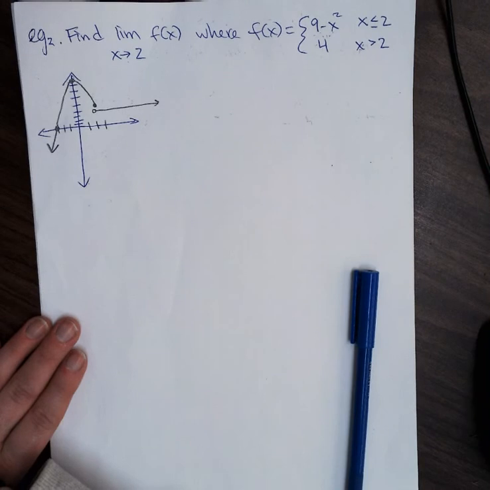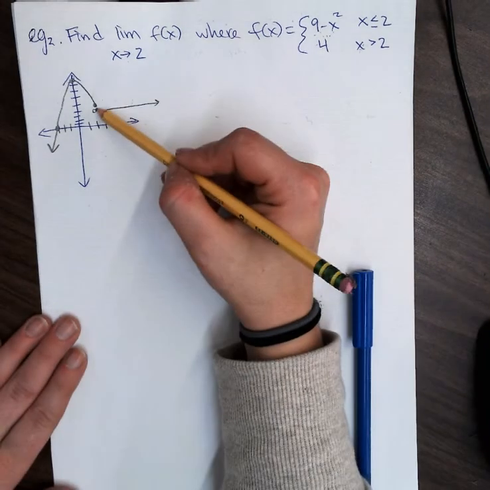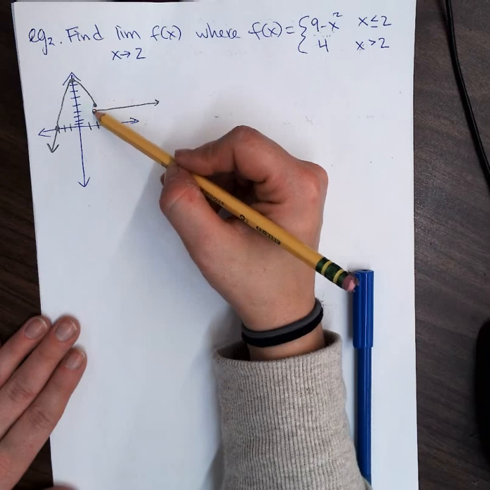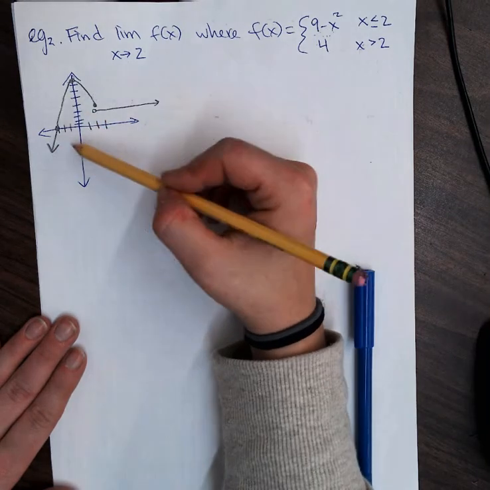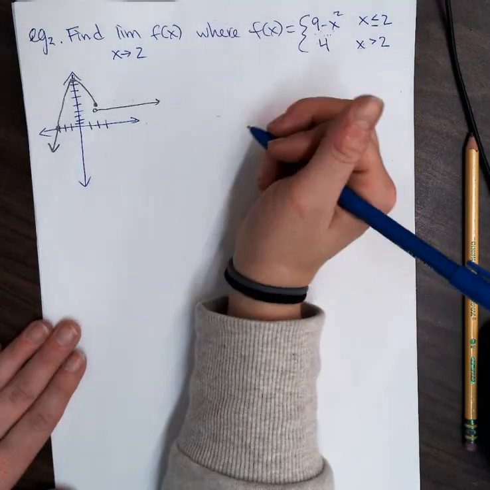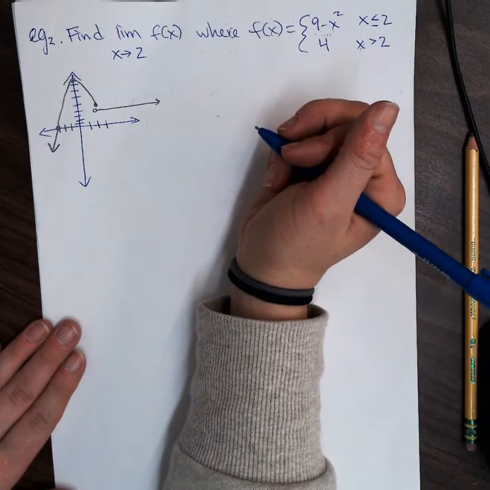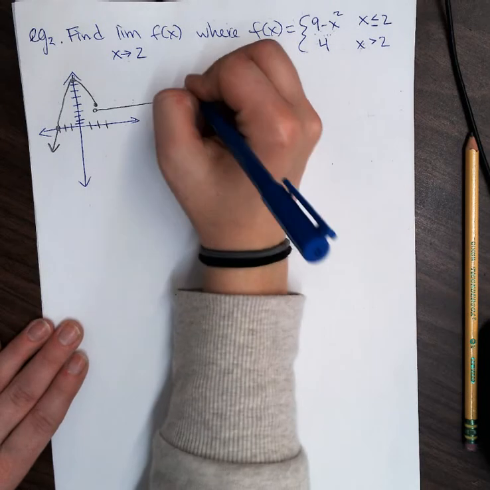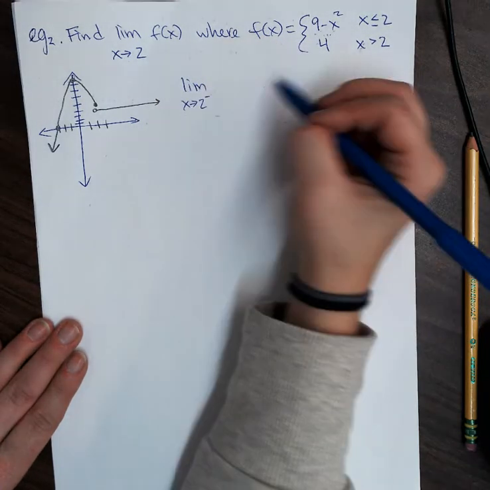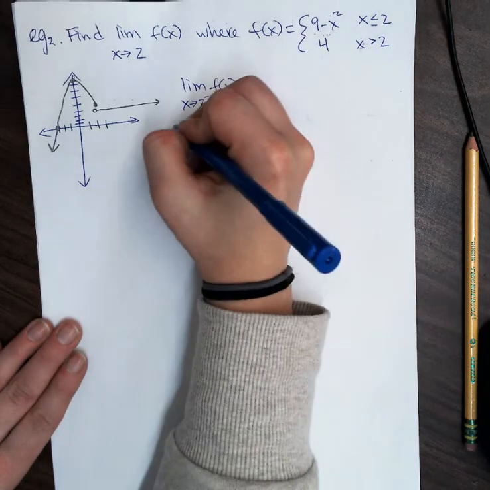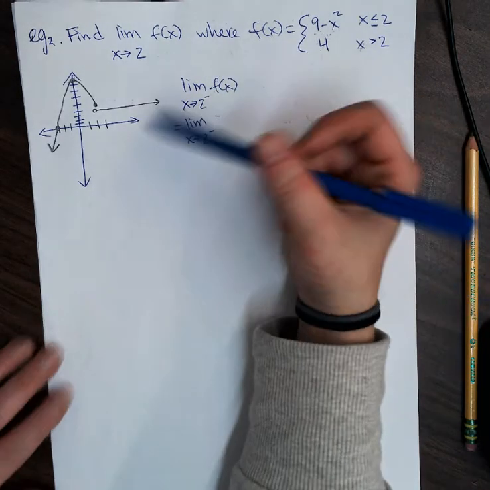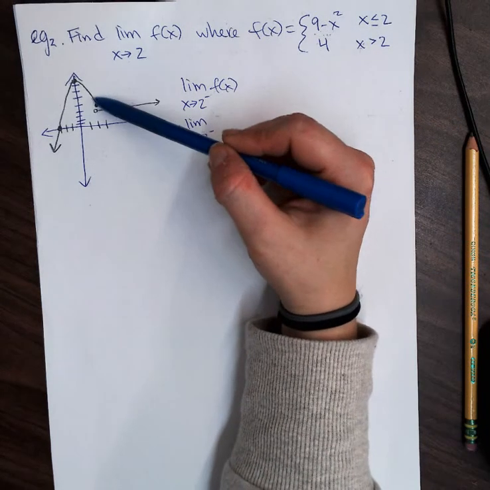Now notice what happens. We have a gap between 4 and 5, which means that this is really a piecewise function. There's a piece over here, and they actually don't connect. So we can take a guess that when we evaluate the limit at 2, it is not going to exist. So the limit as x approaches 2 from the left-hand side of f of x is equal to the limit as x approaches 2, and the left-hand side of our graph is the quadratic function.